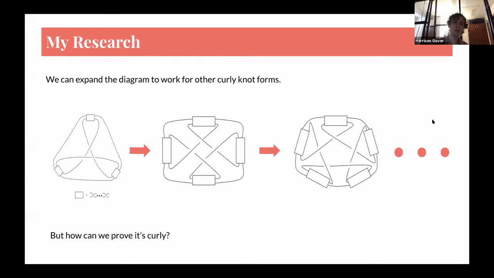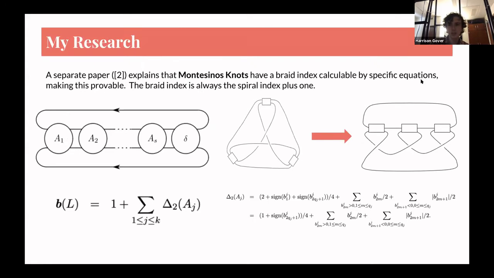So first things first, we can take the diagram that was presented in the paper and expand it to other forms. What I essentially did was take the 3 boxes and make it 4, 5, and so on. But we also have to prove that they're curly. That takes a separate paper by Dr. Klaus Ernst here and a couple others that talks a bit about Montesinos knots.